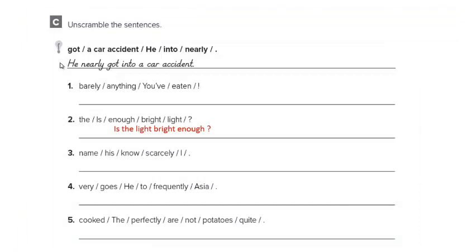Now unscramble these sentences. Okay, from the workbook. Exercise C. Exactly. He nearly got into a car accident. Yeah.